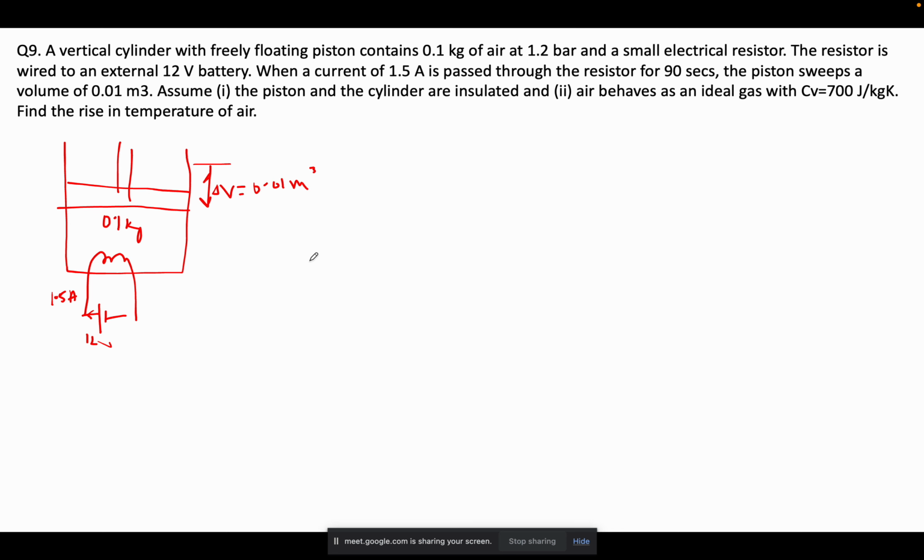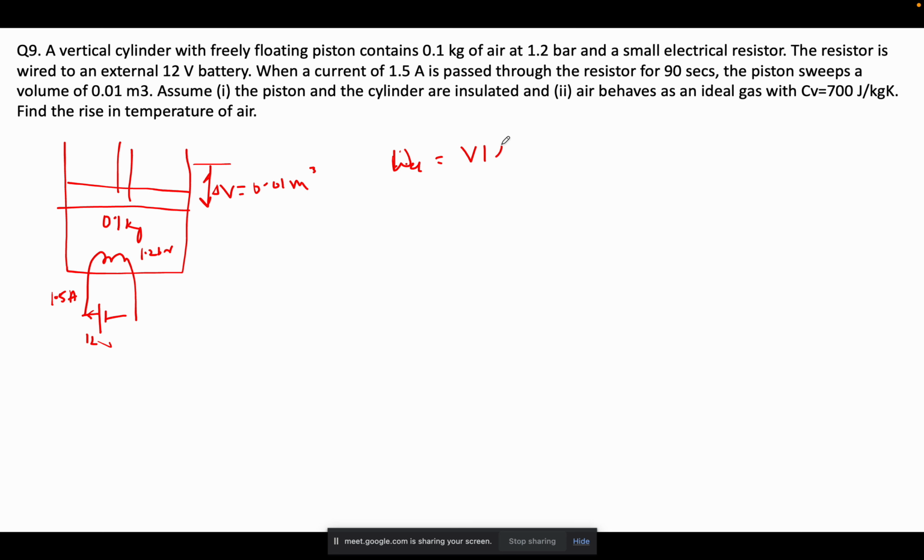Now you have to calculate the delta T, the rise in temperature. Again, what things are given? P is given as 1.2 bar inside this. Okay, so the electrical work done, delta W electrical, is what?